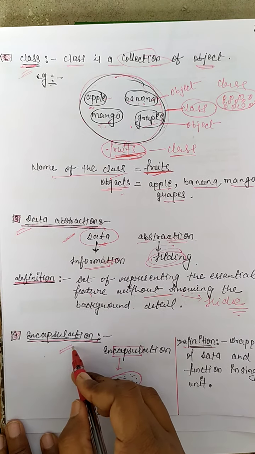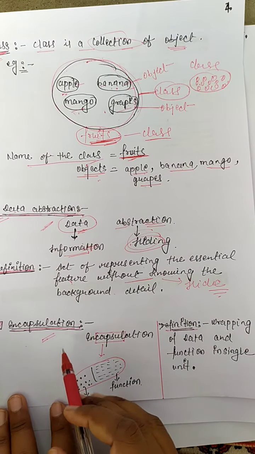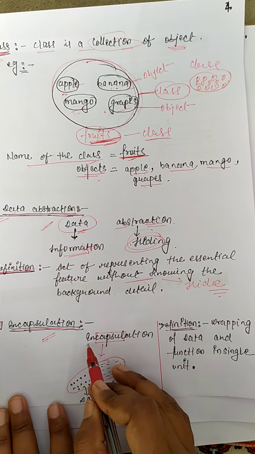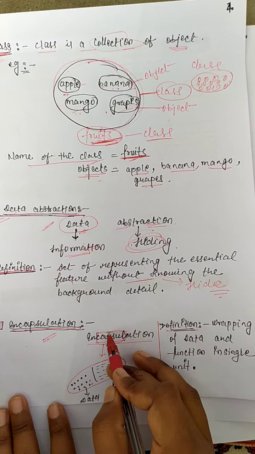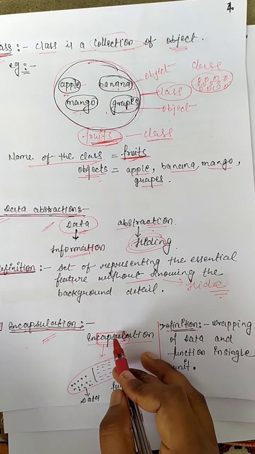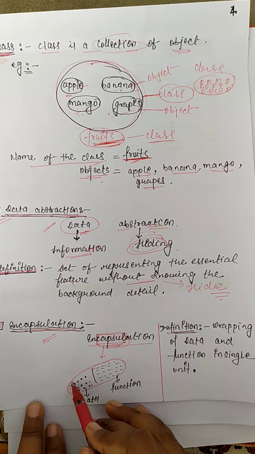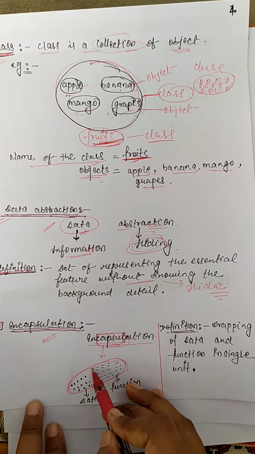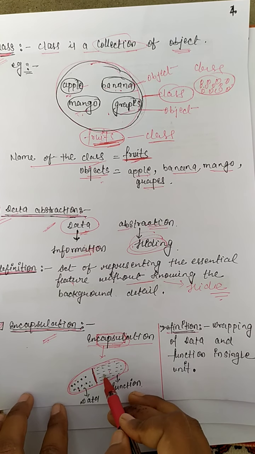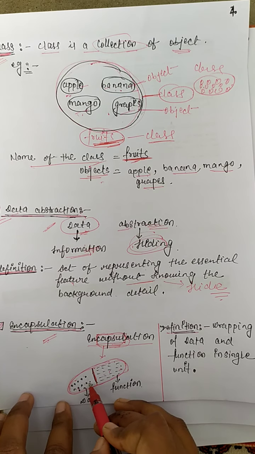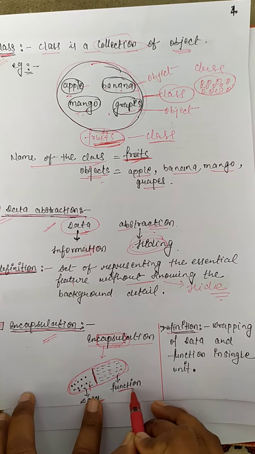Now the fourth one is encapsulation. Encapsulation is also a basic principle of OOPS. In the term encapsulation, one term is available, that is capsule. Capsule is a type of medicine. This is the structure of a capsule. The capsule is divided into two parts. One type of medicine is called data, and the other type is called function.